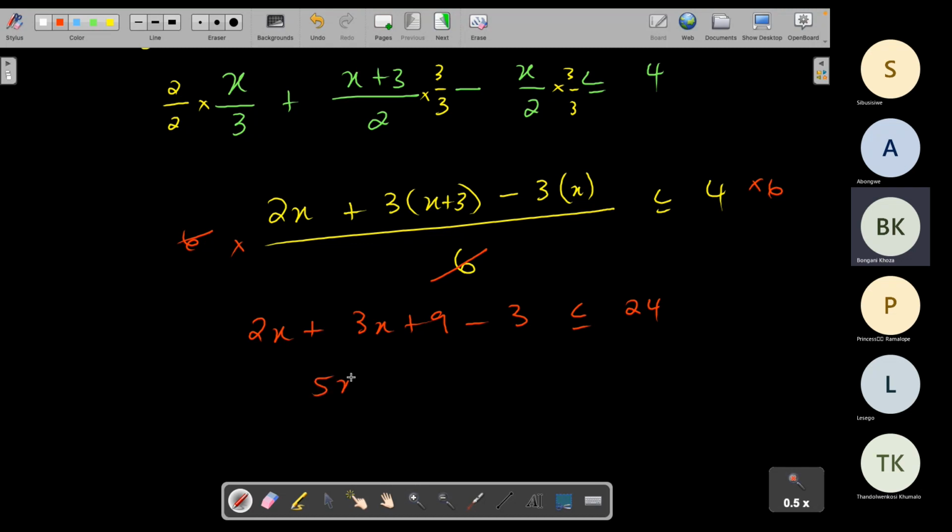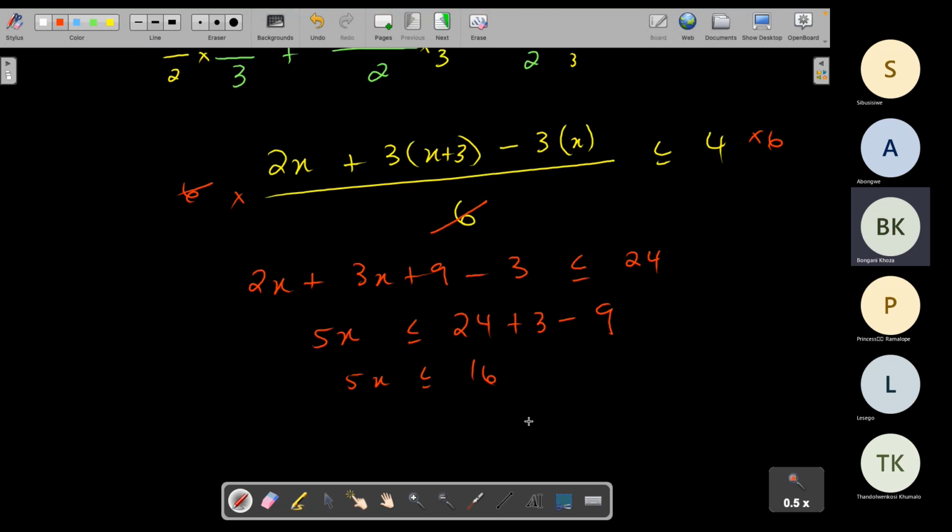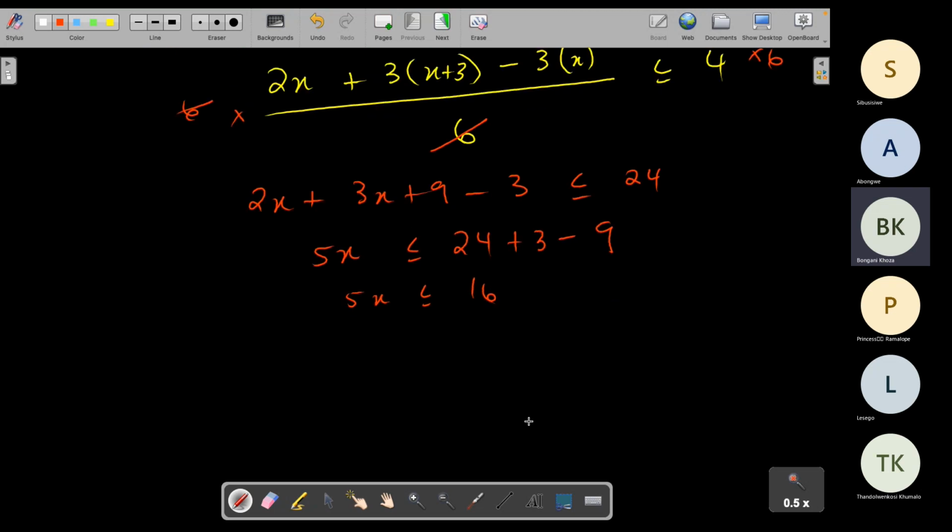And then you have 5x less than or equal to 24 + 3 - 9. So 5x is less than or equal to, this is just 25 minus 9, which is 16, I think. 25 minus 9, 16, right? Yes, it's 16. Okay, but we're looking for, it's correct 27, yeah. So it's 27 minus 9, we're getting.